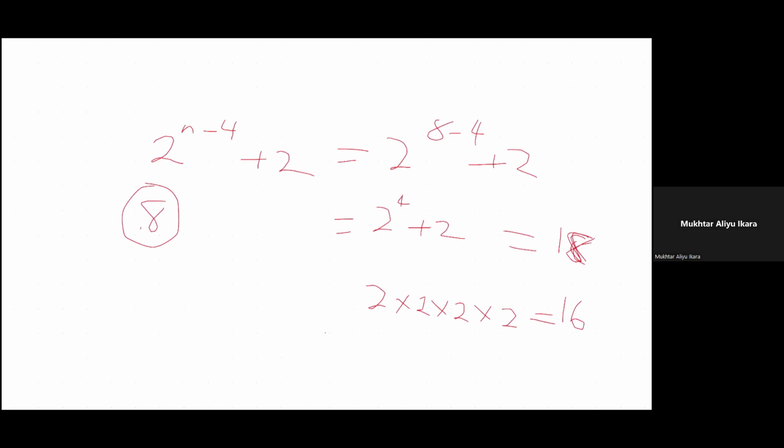Then the next one is nonane. Also, this formula is not applied to nonane. So for nonane, we use 2 raised to the power of n minus 4 plus 3.